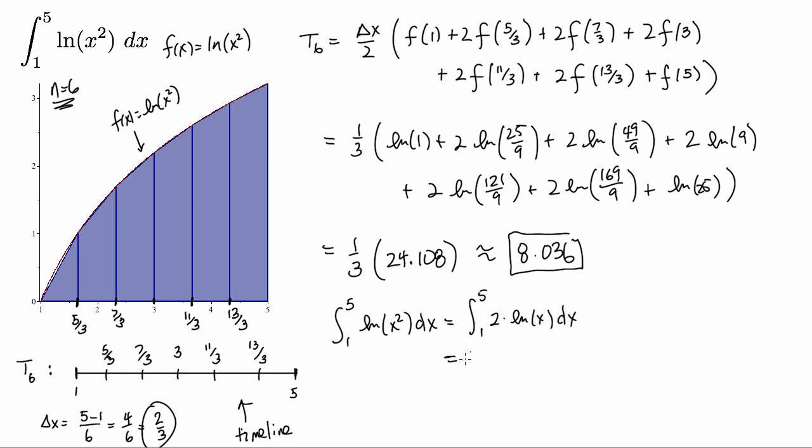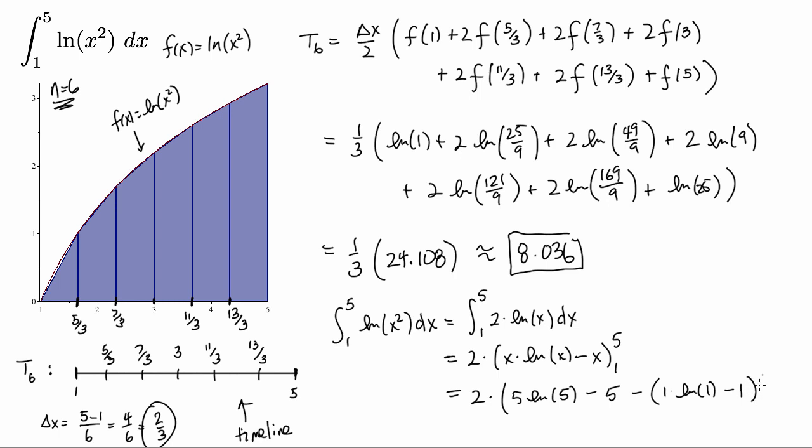If I calculate this, this is 2 times, remember, the integral of natural log is x natural log of x minus x. It would be the absolute value of x, but both my x's are positive, so I'm just going to say x natural log of x minus x. We're going to evaluate that from 1 to 5. So this is 2 times [5 natural log of 5 minus 5] minus [1 natural log of 1 minus 1].